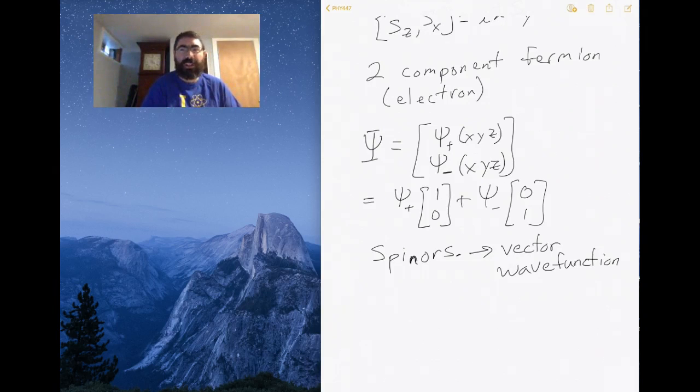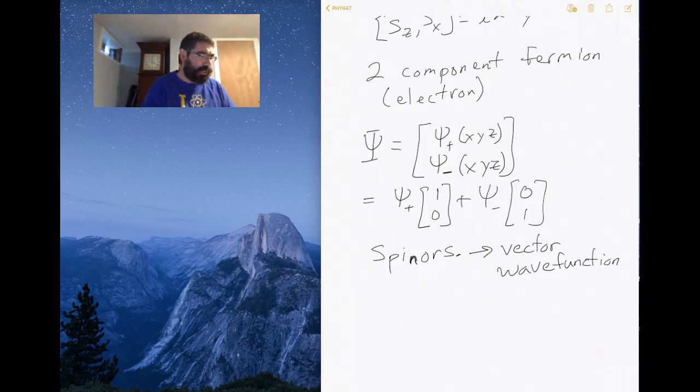Mathematicians also spend a lot of time trying to find out the properties of spinors, which has actually helped quantum mechanics quite a bit. Even though in physics the first time we see spinors is in quantum mechanics, it also has other applications. Basically, it's the field of a vector of functions.